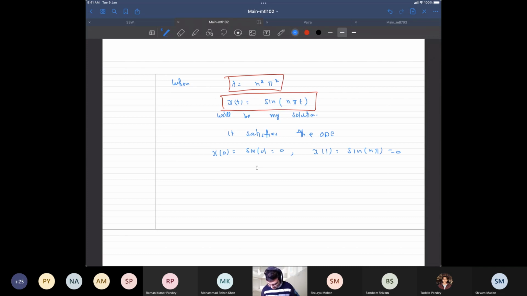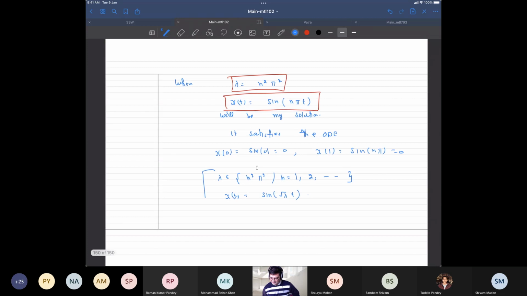So what are my eigenvalues? Lambda is n square pi square such that n is equal to 1, 2, 3, and correspondingly I will have an eigenfunction x of t equal to sine of square root of lambda t.